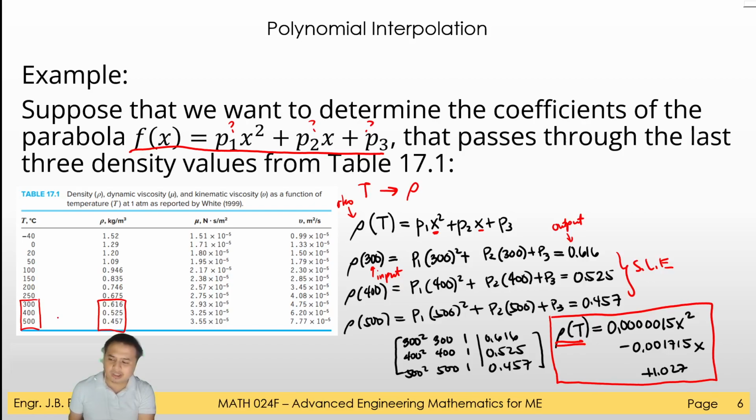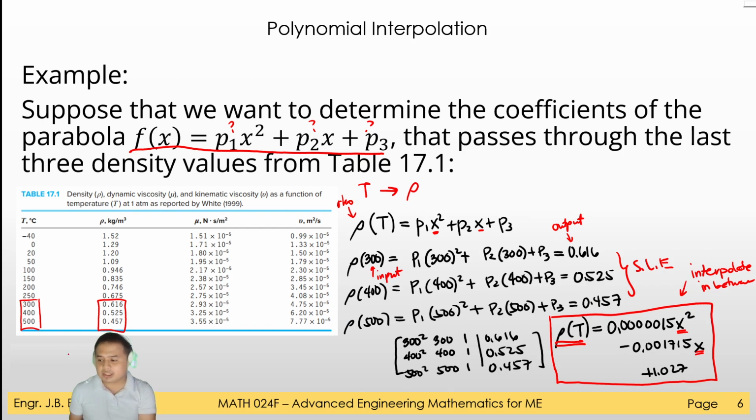Now, we will discuss this later, but remember that interpolation is usually accurate if the data that you input for x is in between the data points.